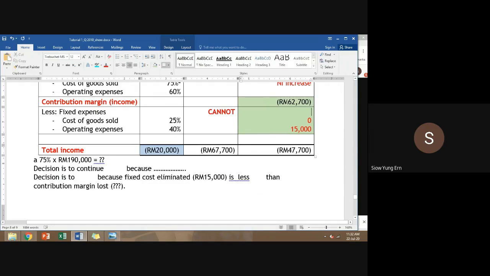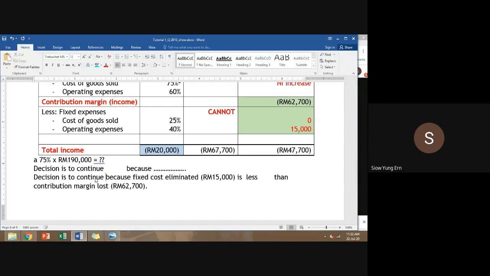So class, just look at the numbers. Don't look at the negative or positive sign. Just look at which is bigger and which is smaller. So you can write it like this also: decision is to continue because fixed cost eliminated 15,000 is less than contribution margin loss 62,700.